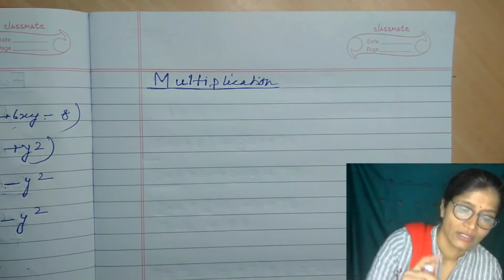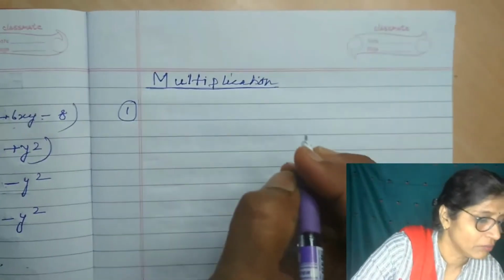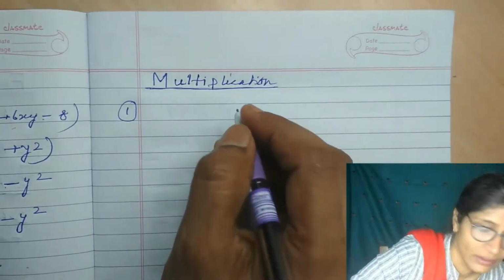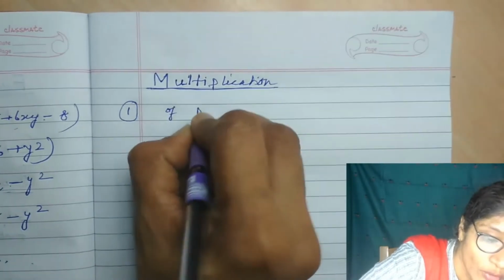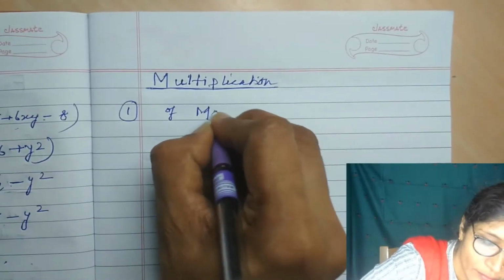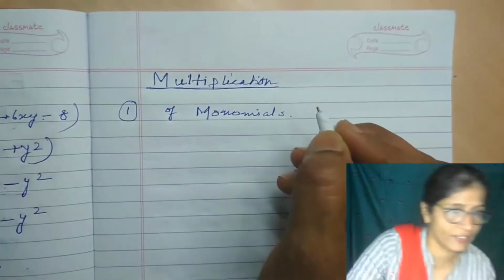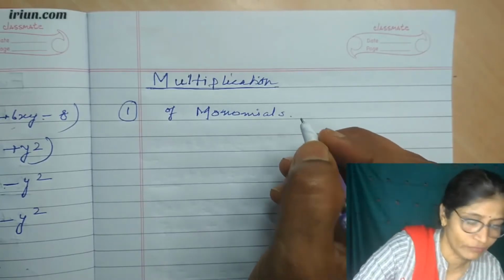So first, I am starting with a monomial multiplied by a monomial. So that is the multiplication of monomials we are doing. Monomial means an expression has one term and another expression also has one term. Then we have to multiply.